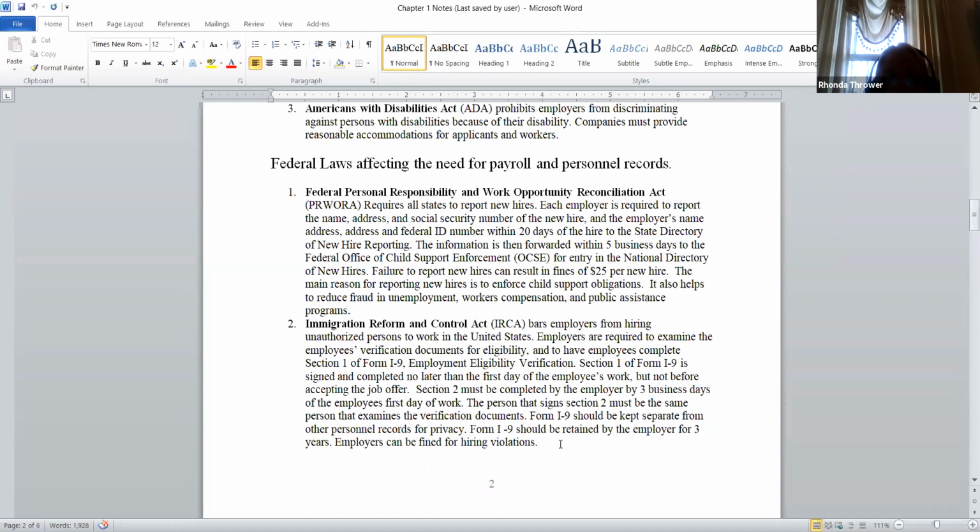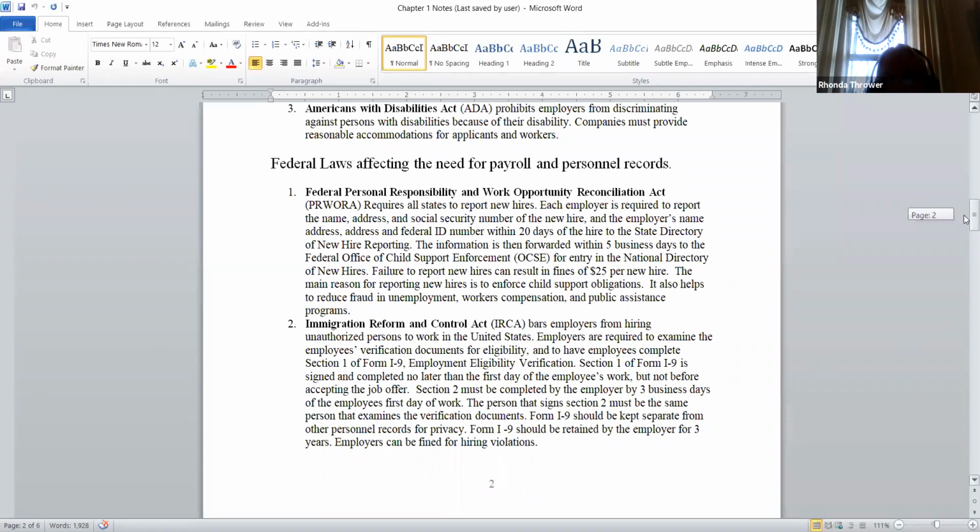Form I-9 should be retained by the employer for 3 years, and if employers do not adhere to the Immigration Reform and Control Act, they can be fined for that.